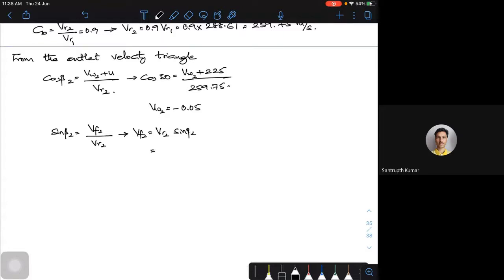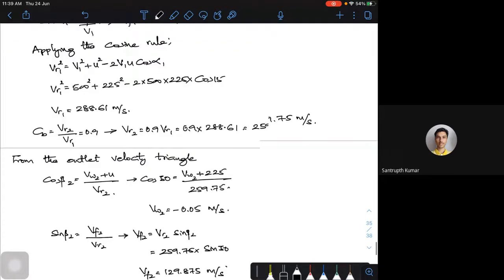VR2 is 259.75 into sin 30, which is 129.875 meters per second. So I got my VF2 and my VW2.